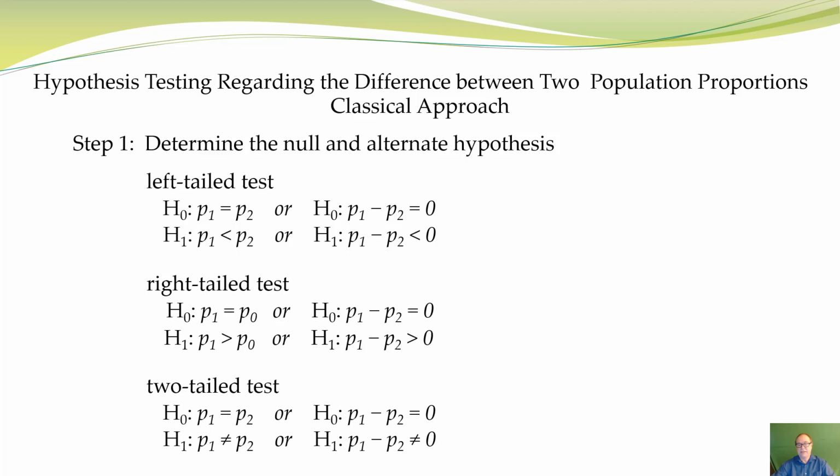Two-tailed test, p1 equals p2, so then the alternate is p1 not equal to p2. Or we could write it p1 minus p2 equals 0, or p1 minus p2 not equal to 0. So these are the three new ways to write the null and alternate hypothesis. Other than the formula to find the test statistic, this is the only change.